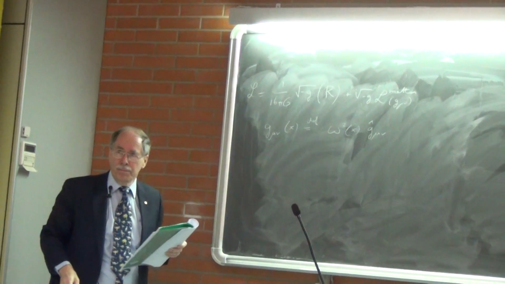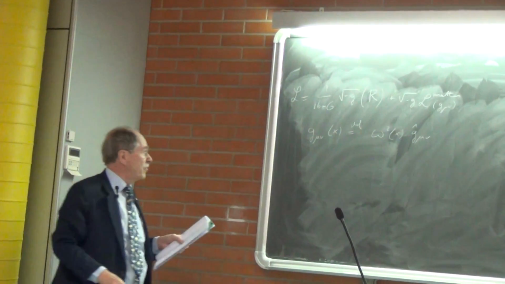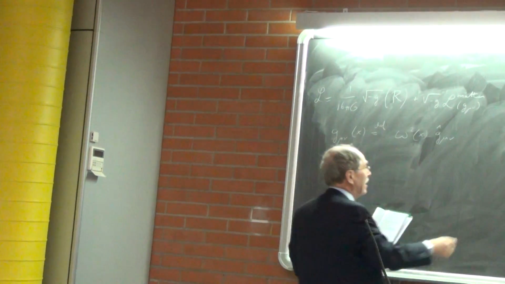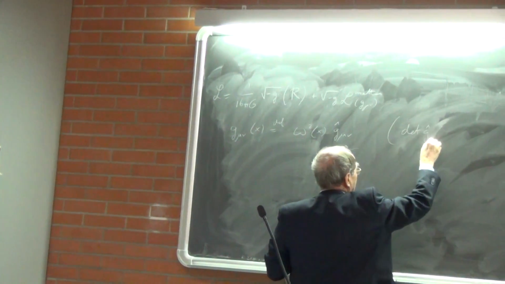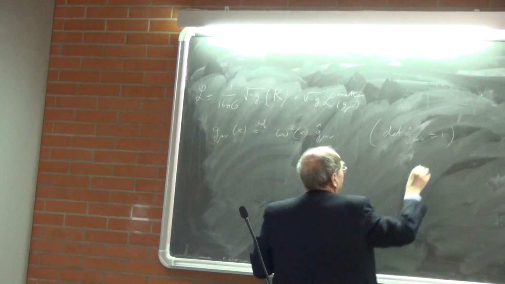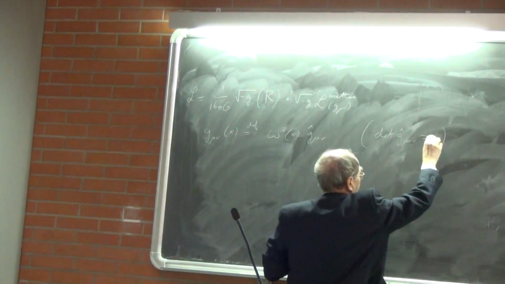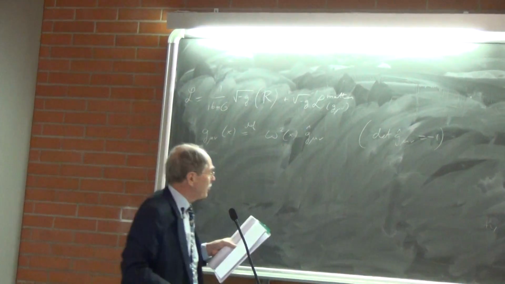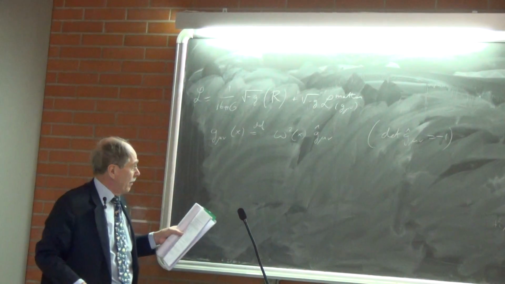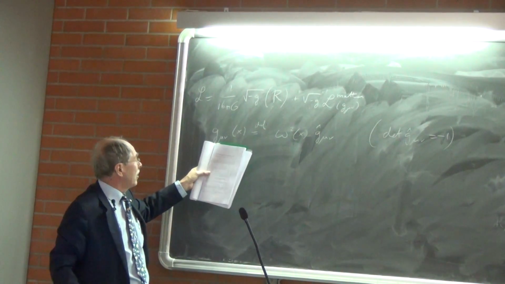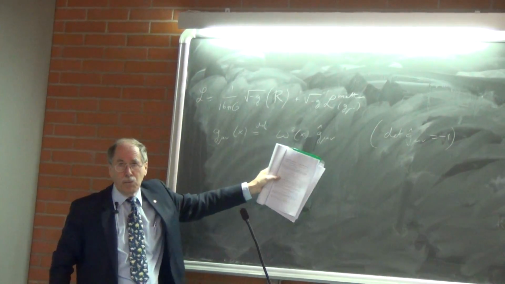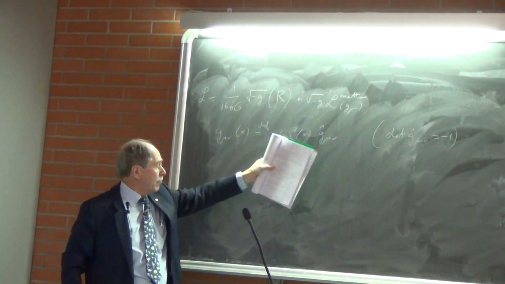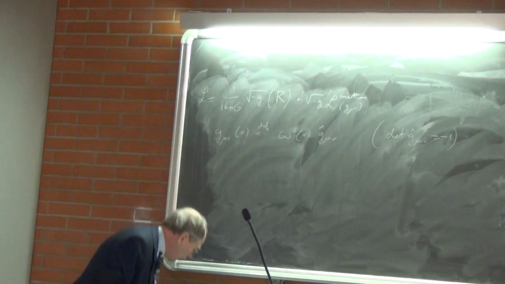I split up degrees of freedom. g mu nu hat has a constraint. For instance, I could put the determinant of g mu nu hat equal to 1, or minus 1 rather. If the determinant of g mu nu is not minus 1, then I put all the remainder into this coefficient omega in front. I put the square just for future convenience.